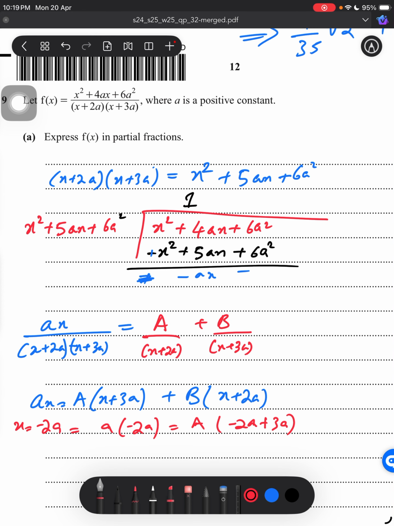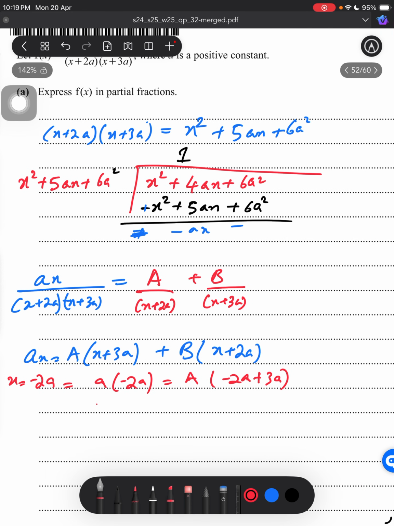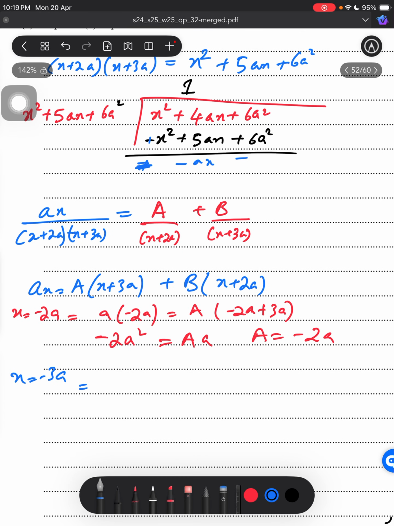So this would turn out to be minus a squared over a, so we just get A of minus 2a. In the similar way, we'll have x is negative 3a. Instead of this, you'll get 3a, and the value for B will be this.